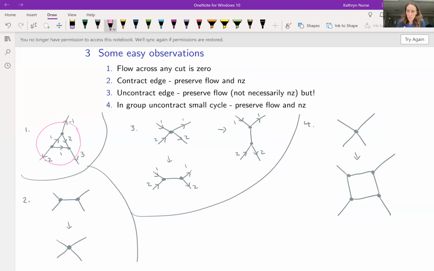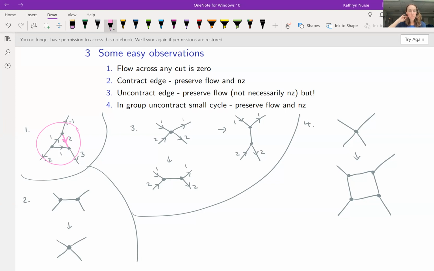The boundaries are all 0, so when you sum them, you get 0. You can also see that every edge inside my edge cut contributes 0 to the sum of the flow boundaries. Okay, this is an easy, straightforward observation, but we're going to use that.